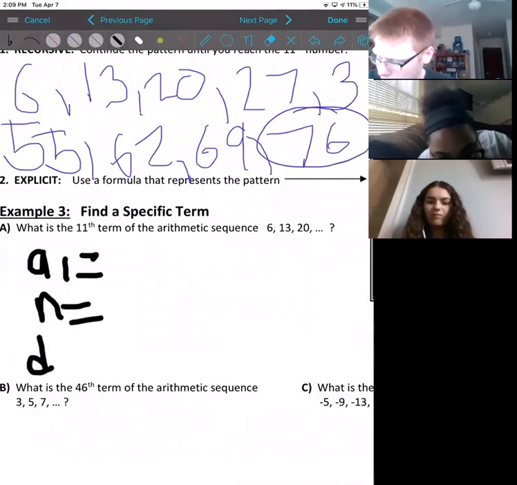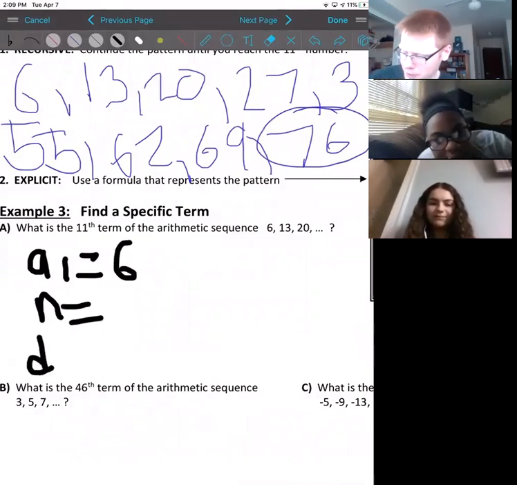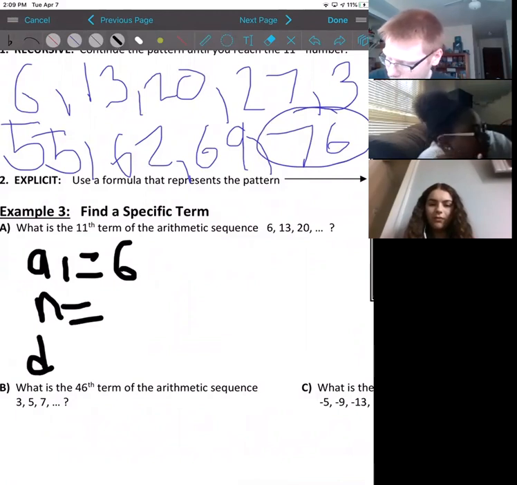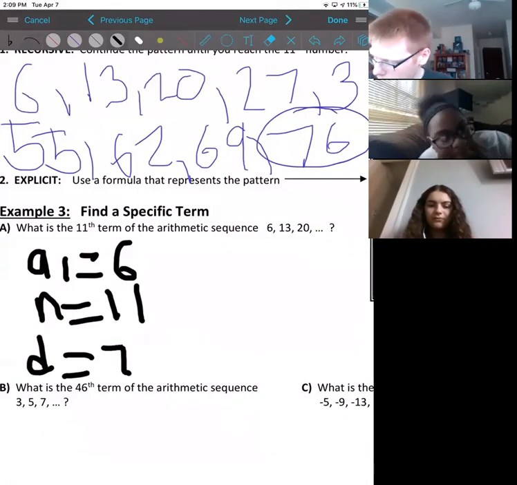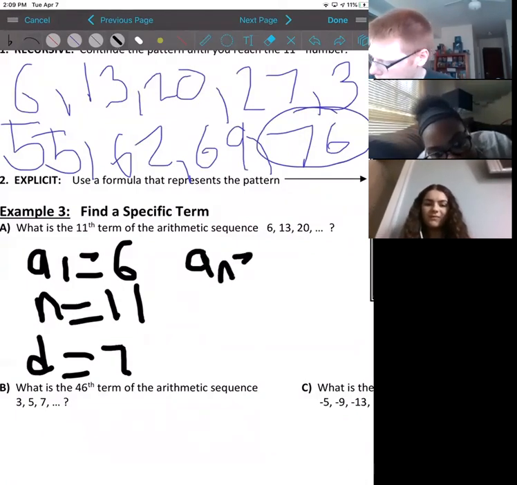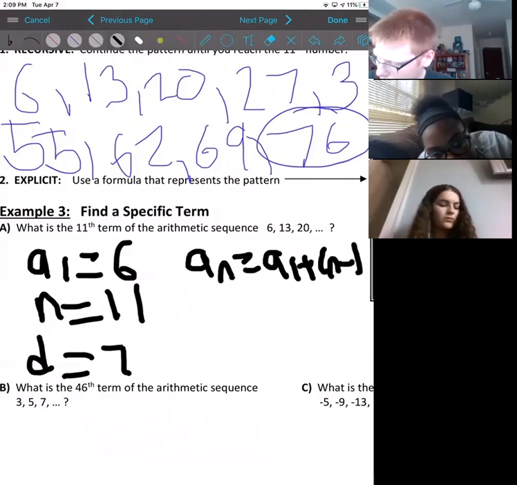My a1 is just my first term, so in this problem, it's 6. My n is the term I'm trying to find, so that would be 11. And d is your common difference, which we already said is going up by 7s. Then you plug it into that formula. I'm just going to rewrite the formula this first time.